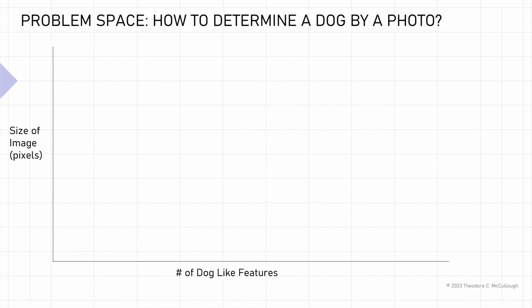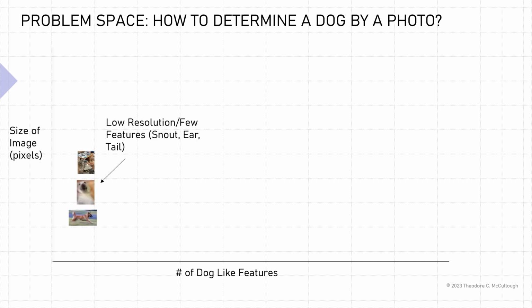For the purposes of this presentation, our problem space is going to be how to determine a dog by looking at a photo. In particular, we're going to be looking at the size of images versus the number of dog-like features. In the lower left-hand part of this space, we're going to have low resolution photos with few features. So these are going to be photos where you can just barely make out, say, a snout, an ear, or a tail.